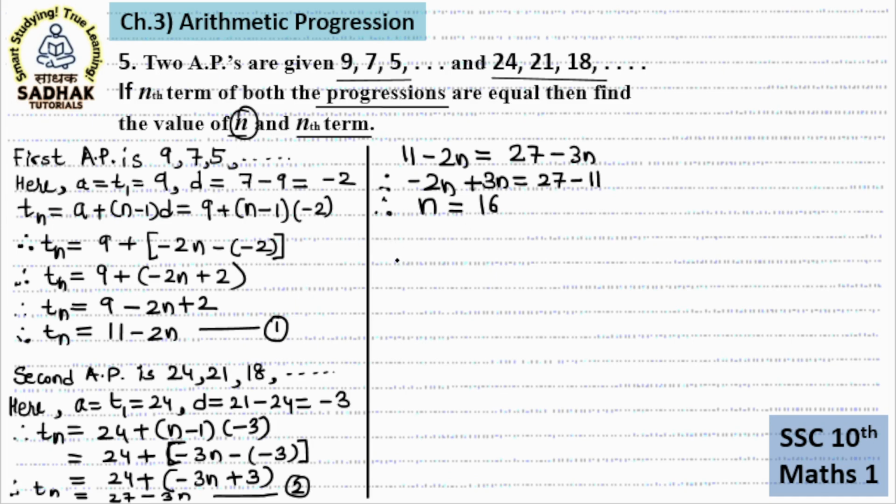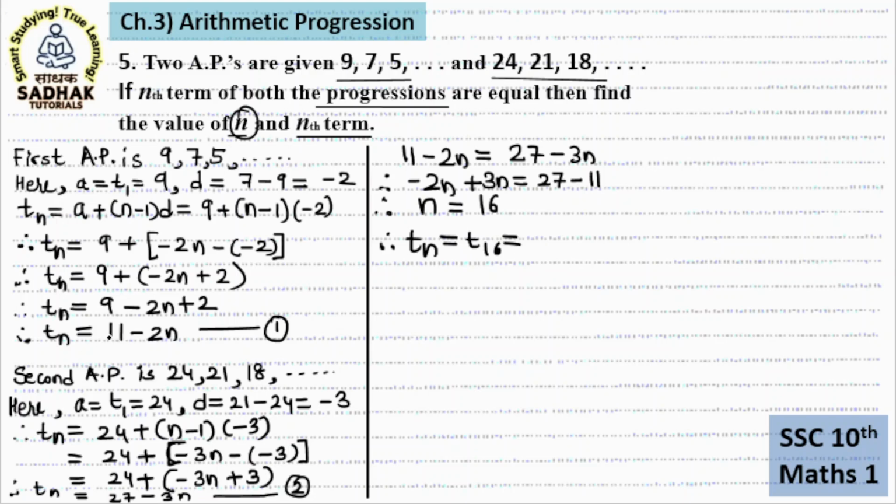Now let us find the nth term. The nth term in both the APs will be the same, because they are saying that the nth terms are equal. So we can put this n in both and we will find it is the same. Let us first find it for the first AP, where Tn is T16.